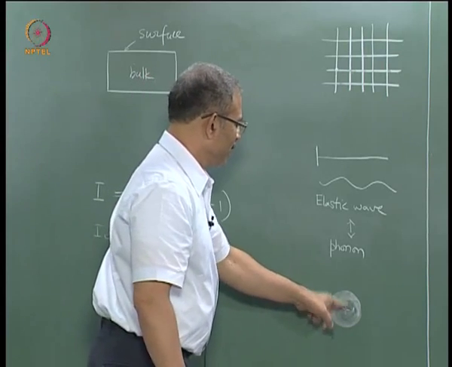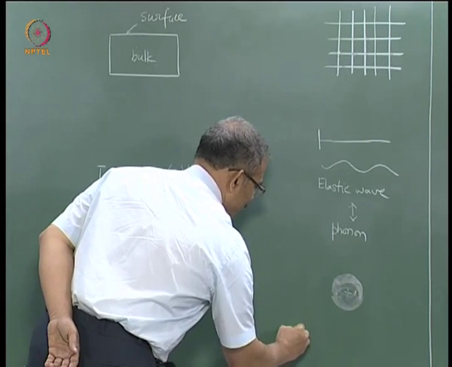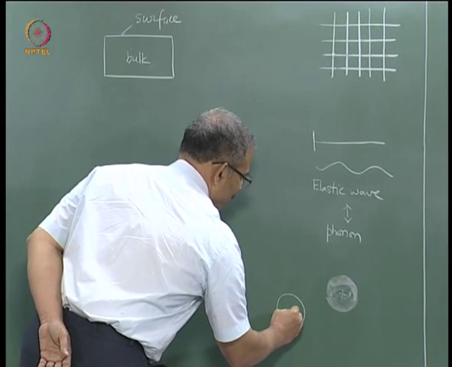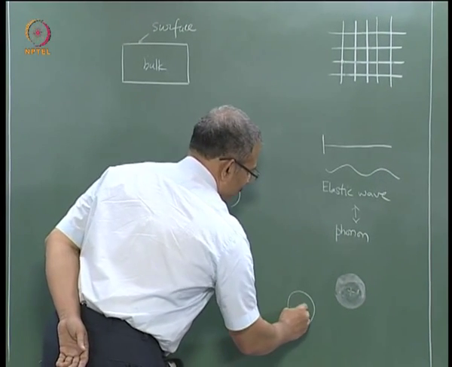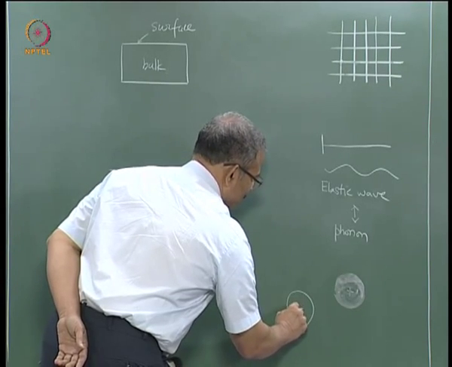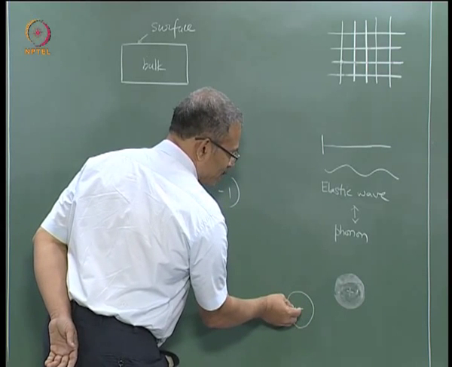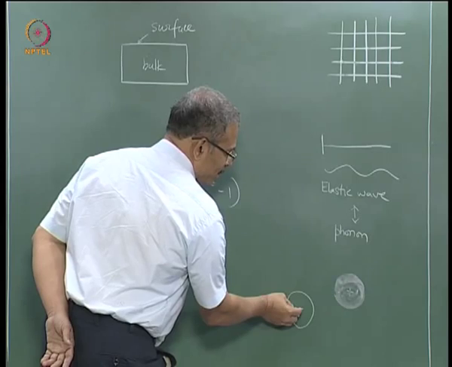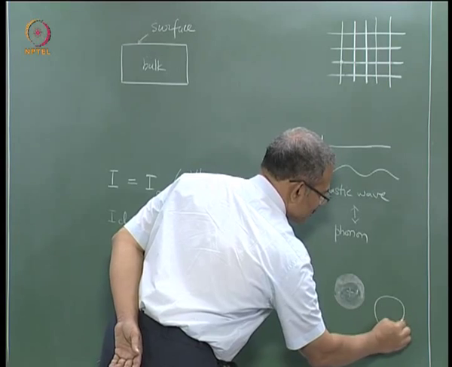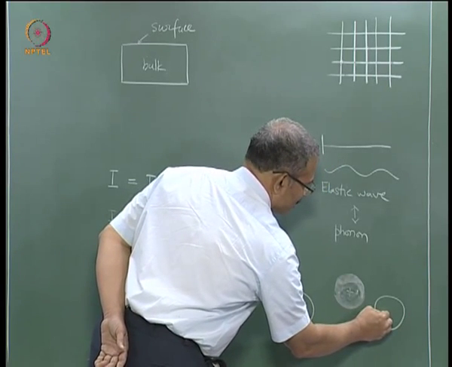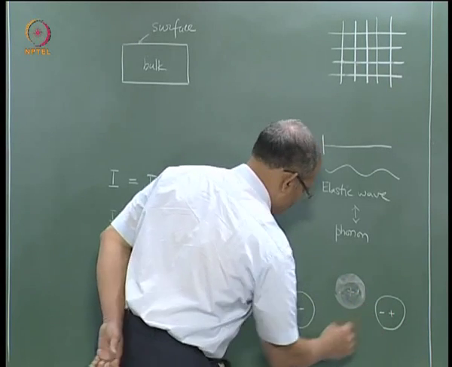For example, the picture could be as follows: at some instant of time, the center of the electron cloud, shown here by a negative sign, can be displaced from the center of the nucleus as follows. So the electron cloud has moved towards the right as compared to the nucleus, and at another extreme you can have a situation where the positively charged nucleus is to the right of the center of the electron cloud.